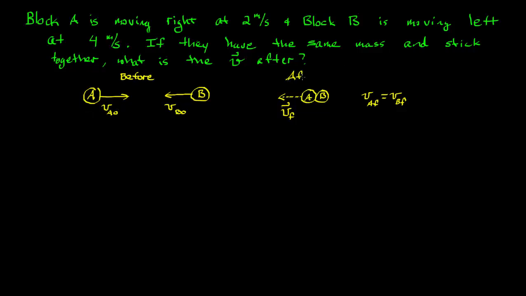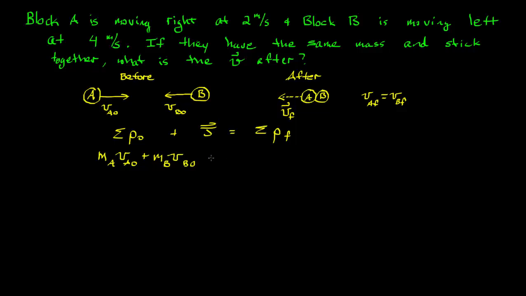There's no external forces, so there's no impulse. So our total initial momentum plus any impulse is equal to the total final. And there's no impulse, so we just have the mass of A times VA naught plus the mass of B times VB naught.